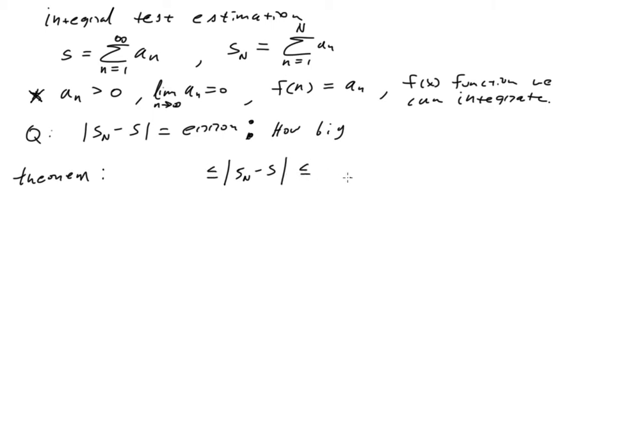We can bound above and below by taking the integral of f of x from n to infinity, and that bounds my error above, and then we can also bound it below by n plus 1. So this theorem gives you more information than just how big it is.